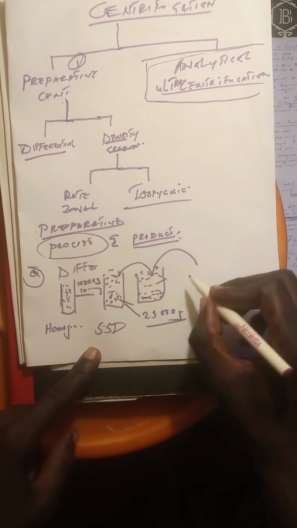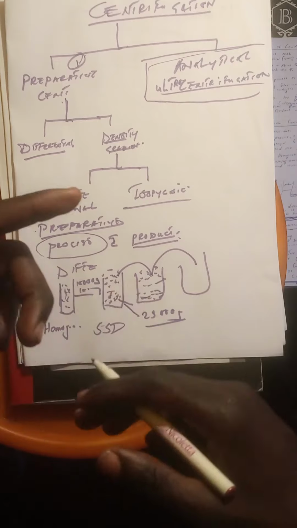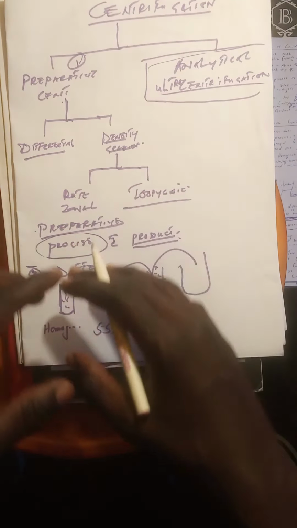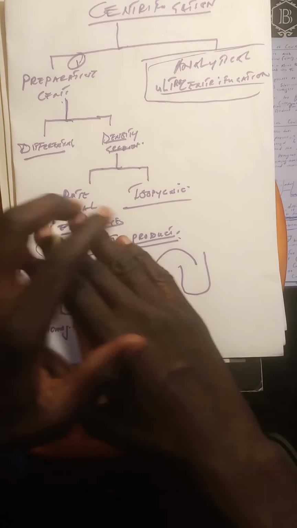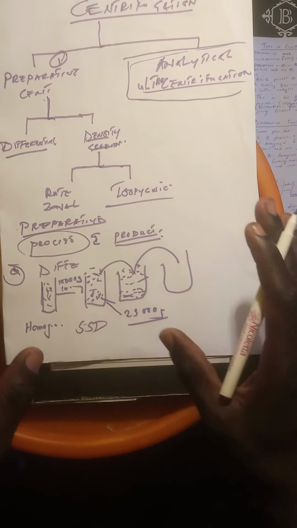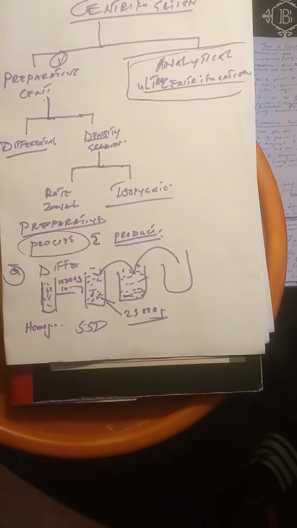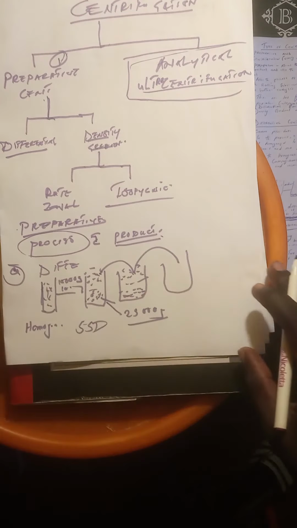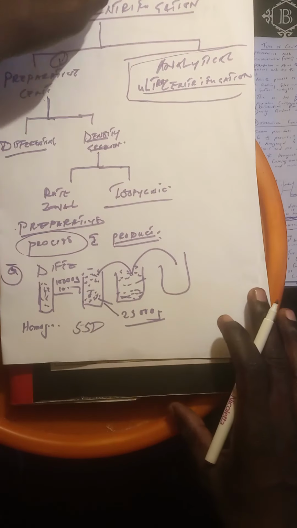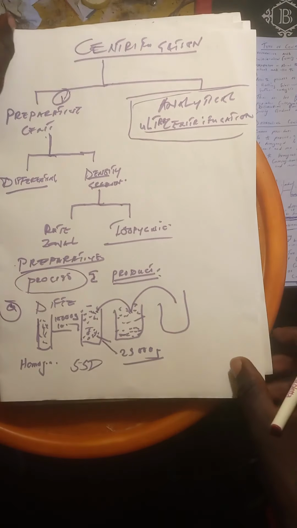Then you run the process again. So it's just subjecting a certain component such as cell homogenate to multiple processes of centrifugation at increasing rotor speeds. That is differential centrifugation. That's just the basic principle behind it.